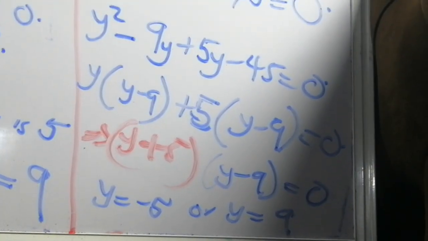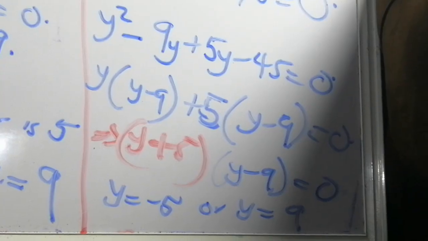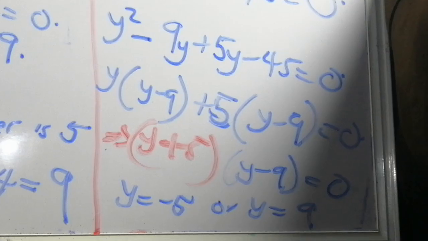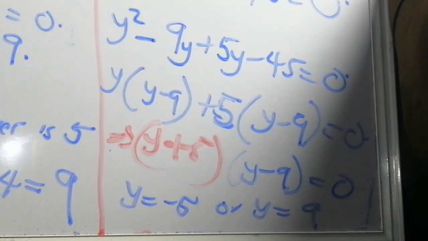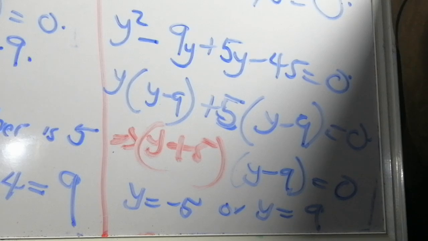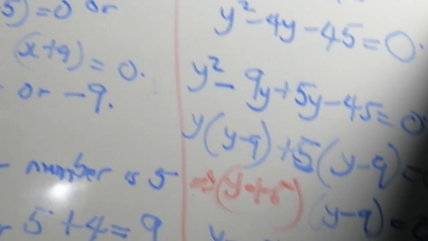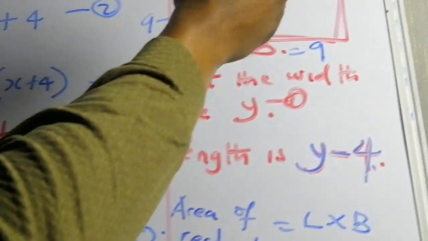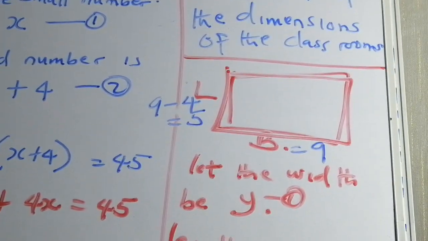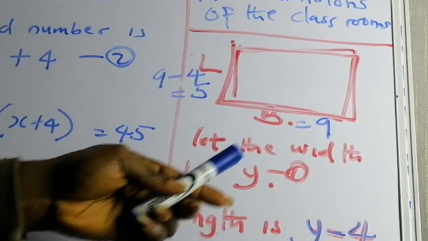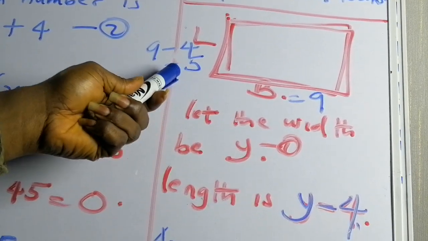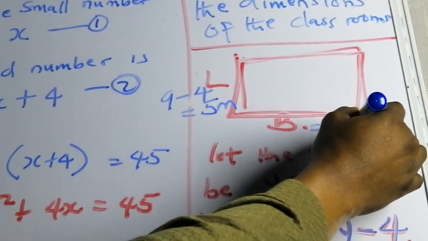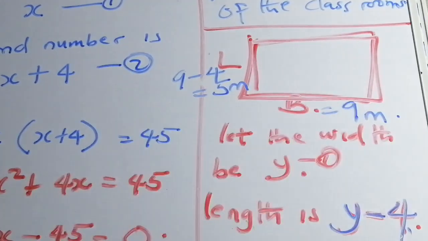The length is 9 minus 4, which is 5. So the length is 5 meters, then the breadth is 9 meters. That is it.